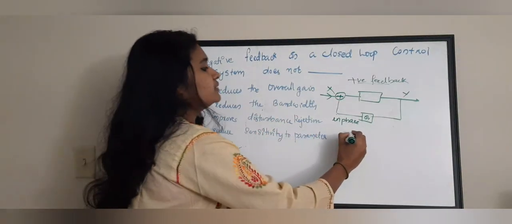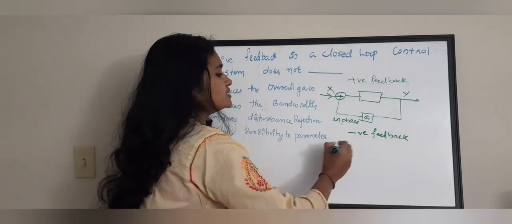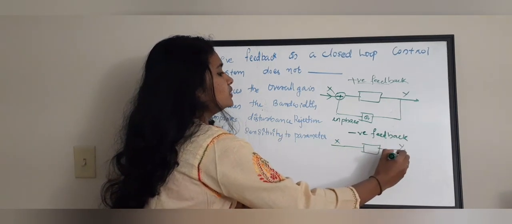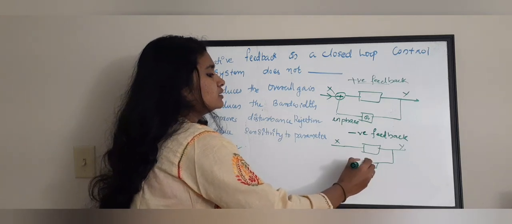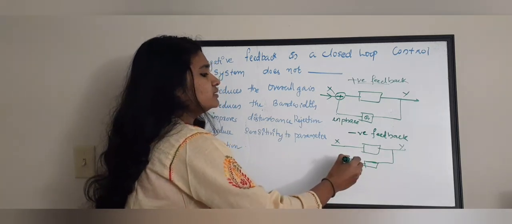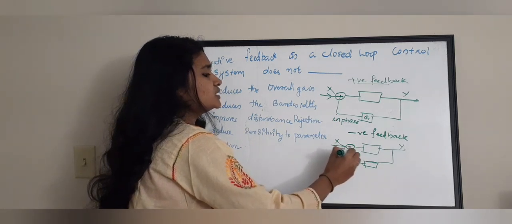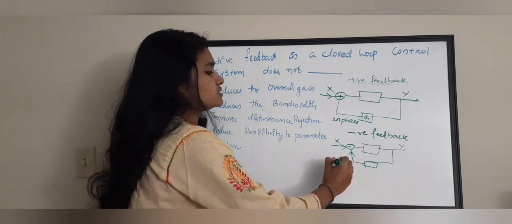In the case of a negative feedback system, the reverse is happening. There is an input X, there is a system here, and there is an output, and there is a feedback with some gain, or a feedback in general, and this is being subtracted from your original input, and this is happening out of phase.